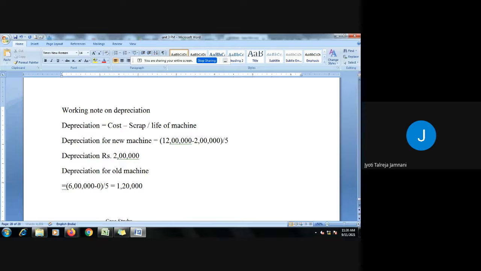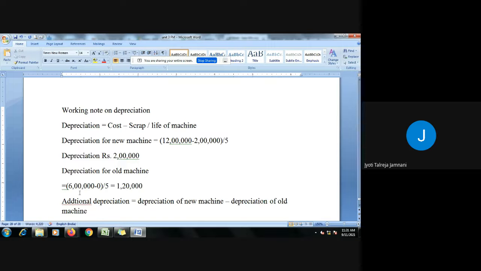Now that we have the depreciation for old and new, we can find additional depreciation, which is equal to depreciation of new machine minus depreciation of old machine.